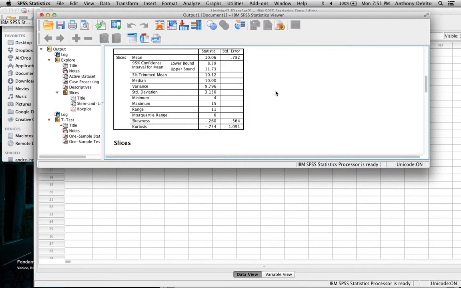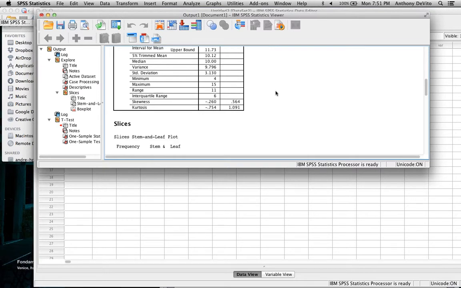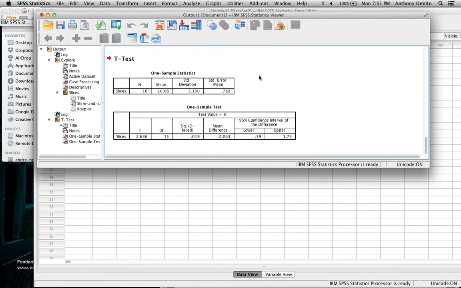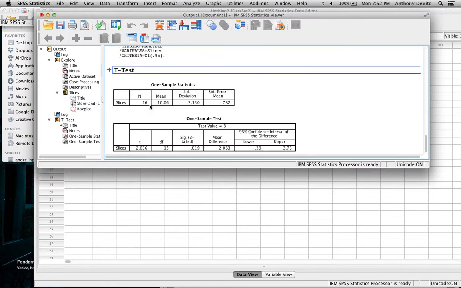Then take the difference between 8 and 10.1 and divide it by the standard error, which I guess is about 2 or something like that, and get our t-score. And if we did that, all we'd be able to say is that t-score is bigger than what we need to reject the null hypothesis, that there's 5% chance or less than 5% chance of getting that extreme result if they're from the same population, if the mean is really 8 slices.